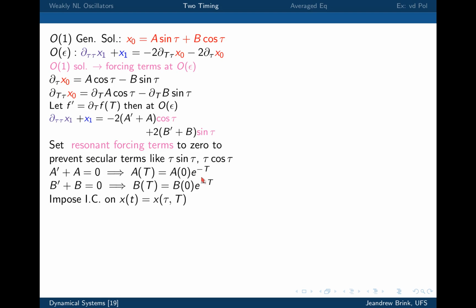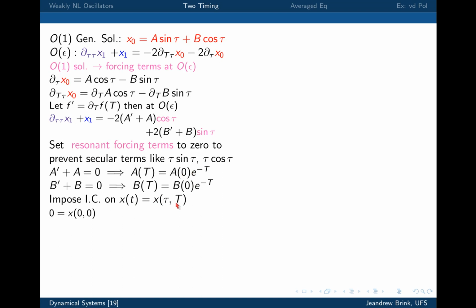Okay, so now we're in a position, we've got the general base solution, we've gotten rid of our resonant forcing terms and therefore the divergent terms that could possibly arise. And what we now want to do is get the exact solution, so we want to impose the boundary conditions. And remember, once again, x has been written as this expansion in terms of the slow and fast time.